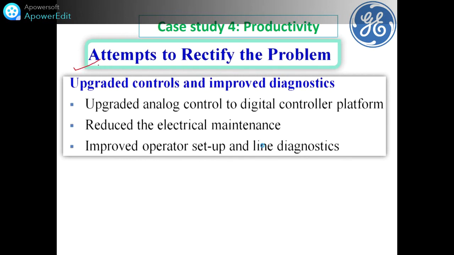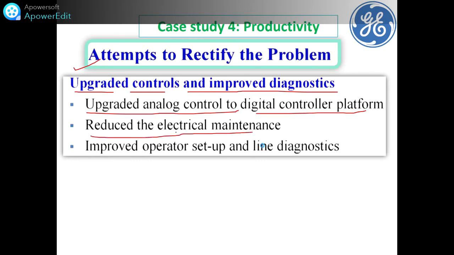What did they upgrade? The controls, and they improved the diagnostics. They upgraded analog control to a digital control platform. Technological evaluation factors were considered here. They reduced electrical maintenance very much, and improved operator setup and line diagnostics.